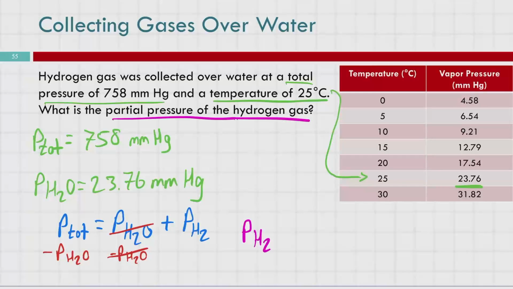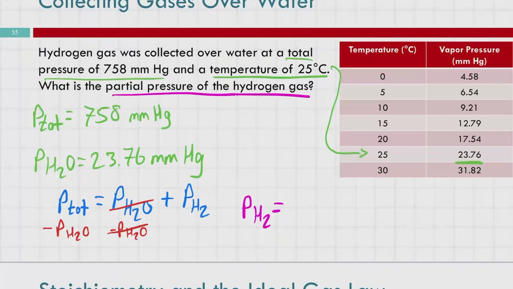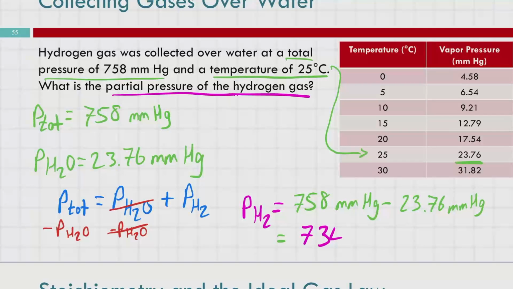So P sub H2 is our total pressure minus the pressure of water. We round to the ones place, 734 mmHg.